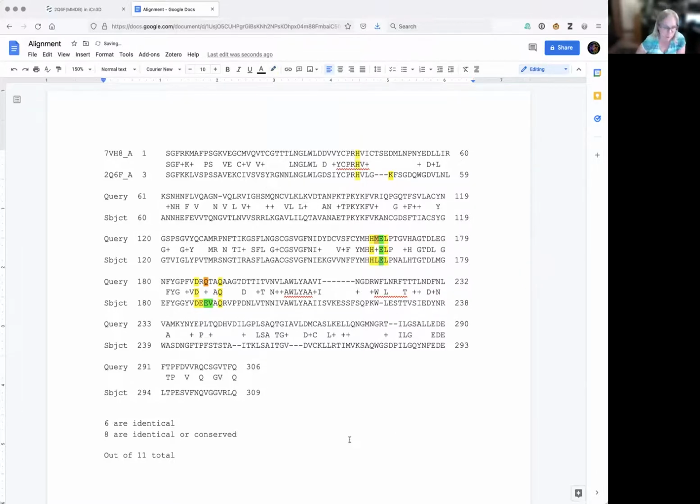Okay, so I can see that E164 has a hydrogen bond and is present in both proteins.